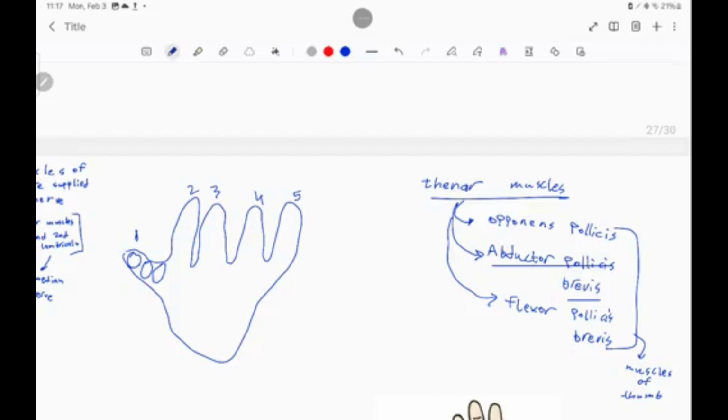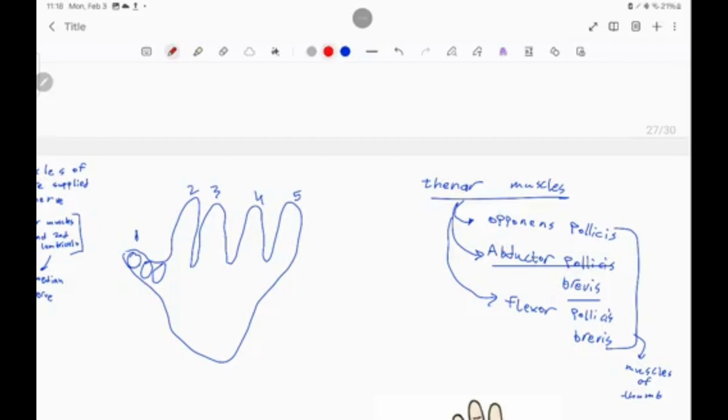There is also another muscle that we took, which comes from the forearm. It's called the flexor pollicis longus. There's another flexor we took, which was moving on the ulna.